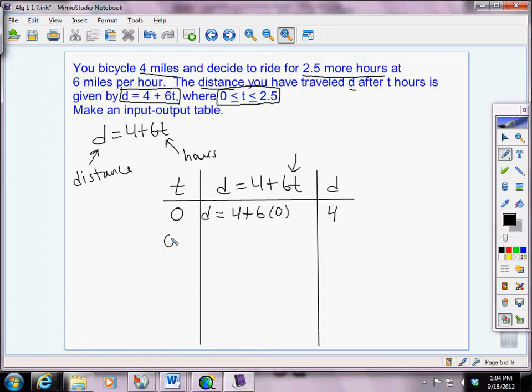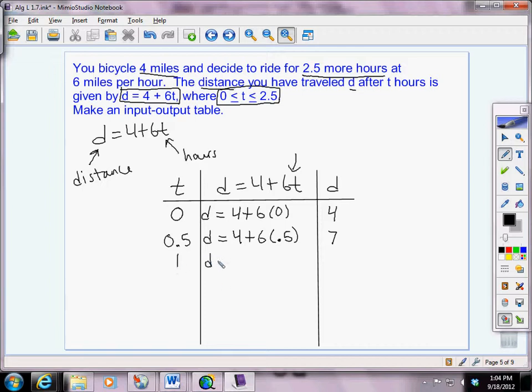Let's go 0.5. This time I put 0.5 in for t. So d is going to equal 4 plus 6 times 0.5. Well, half of 6 is 3. 3 plus 4 is 7. And you just continue this pattern.